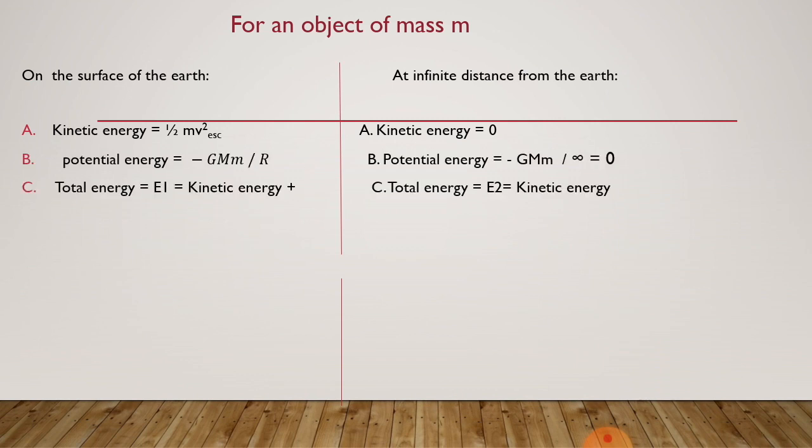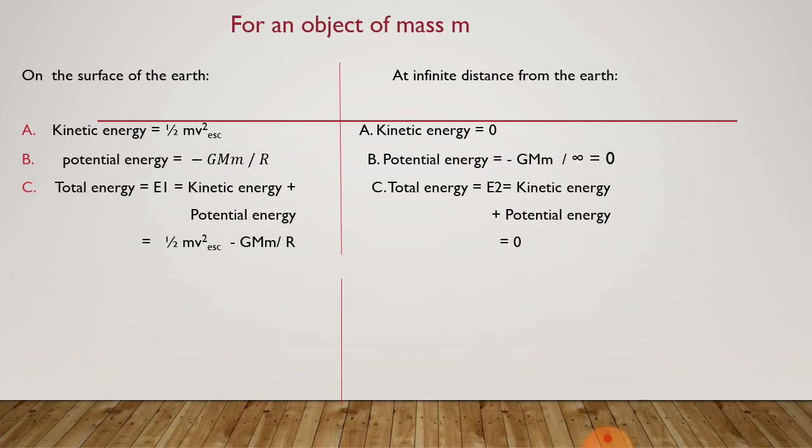First, on the surface of the earth, kinetic energy is equal to half m v_esc square, which means escape velocity. Potential energy is equal to minus G M m divided by R. So total energy E1 is equal to kinetic energy plus potential energy, that is half m v_esc square minus G M m divided by R.